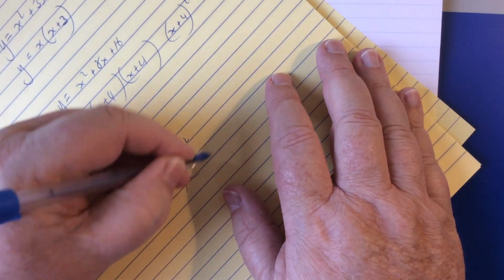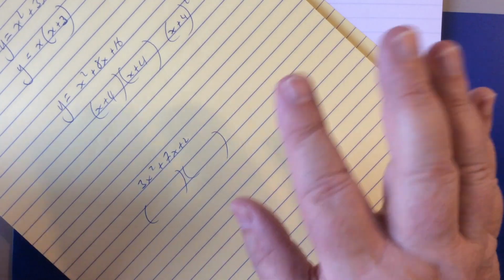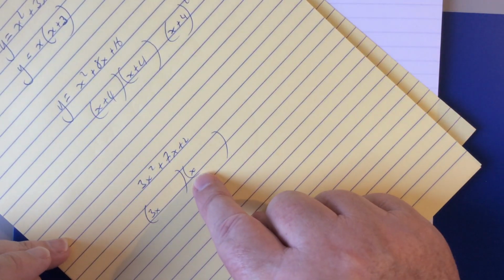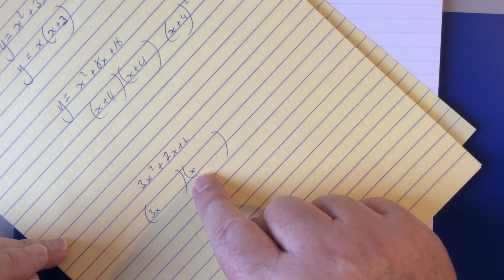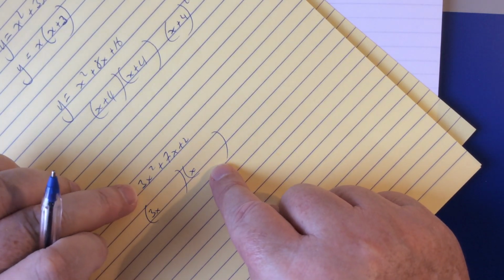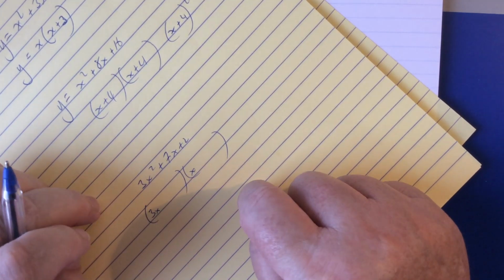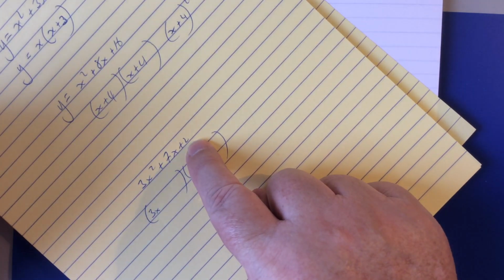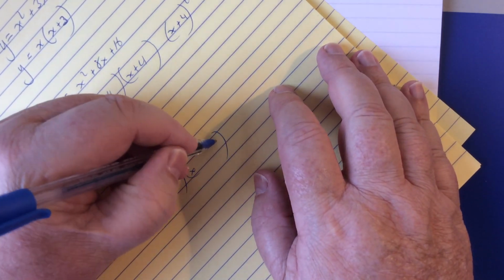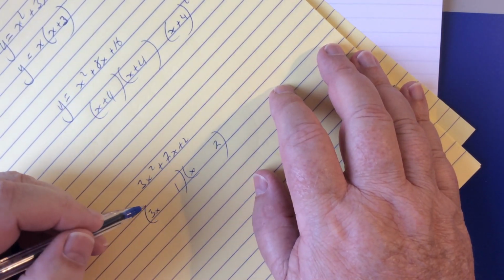So the way to approach this initially is to set up your brackets like this, because the factors of 3 are 3 and 1, so 3, 1. We also have a prime number here, which is really handy. The factors of 2 are 2 and 1.